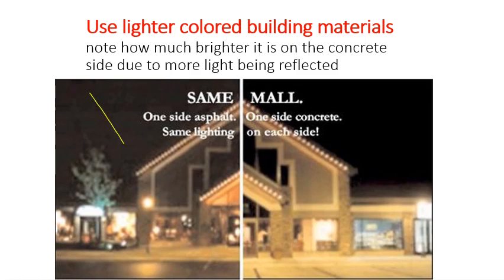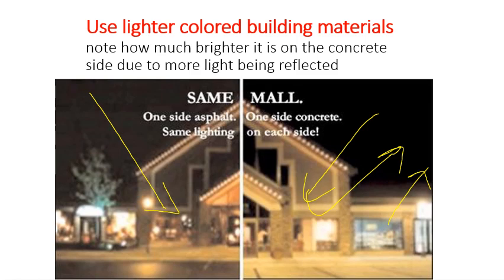Notice this side over here, the sunlight, if it were during the daytime, gets soaked up by the darker colors. Well, if you're soaking up the light, you're going to have a higher temperature. Over here, you'll notice how much brighter this is because when the light hits these lighter materials, it actually gets reflected. So there's a twofold advantage to doing this.